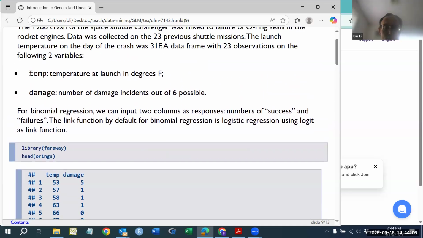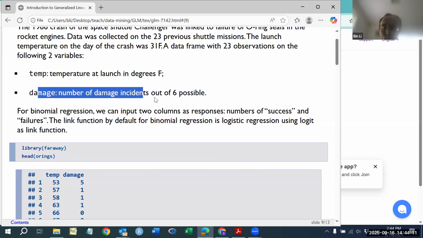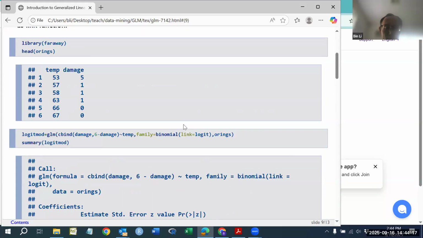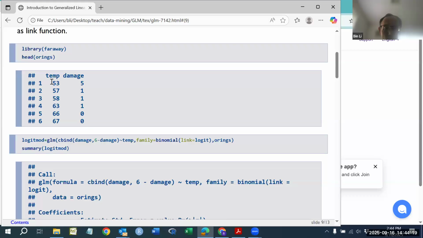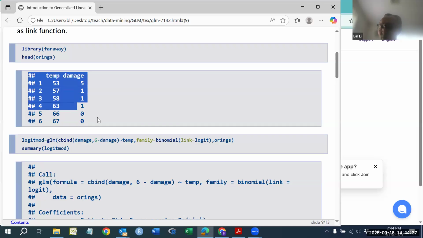Here the temperature is the temperature at launch, and damage is the number of damage incidents out of the 6 possible, since there are six rings. At temperature 53, the damage is 5. At 57, only 1. 58, only 1. 63, 1. 66, 0. 67, 0. That's just the first 6 observations.